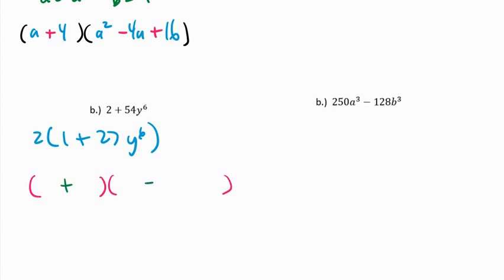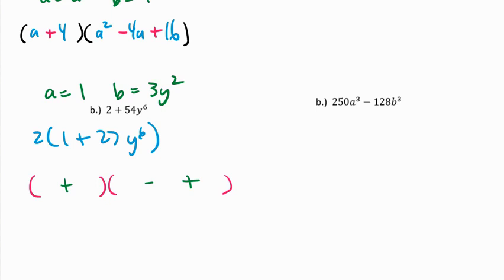Same sign, opposite sign, always positive. My a is going to equal 1, and my b is going to equal 3y squared. Because the cube root of 27y to the 6 would be 3y squared.